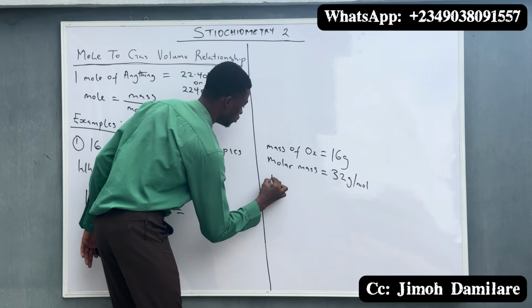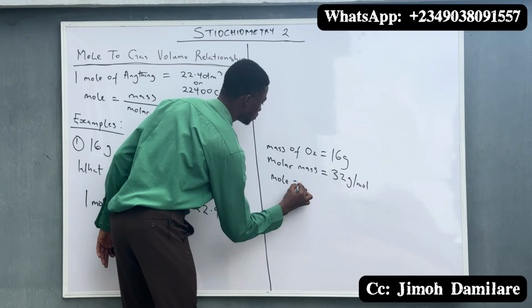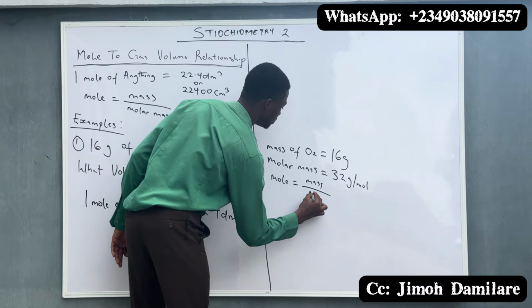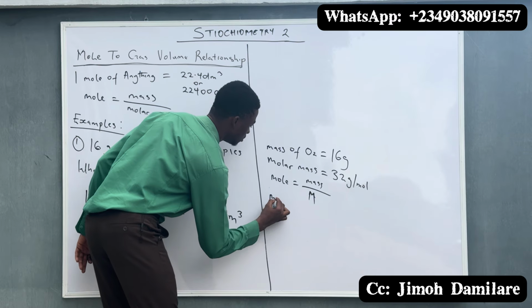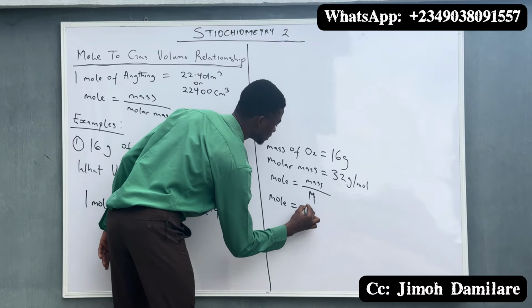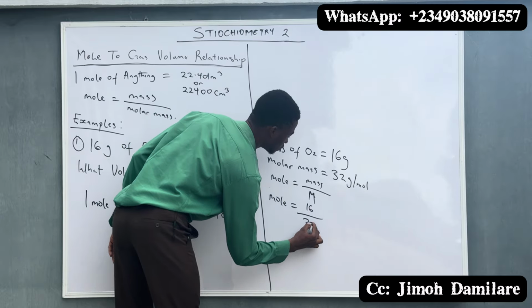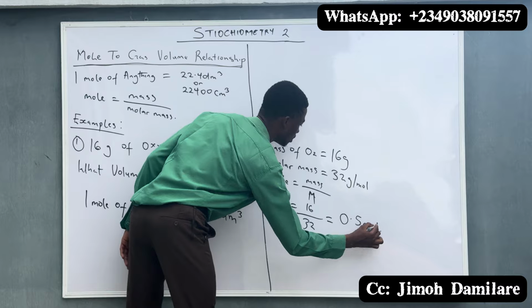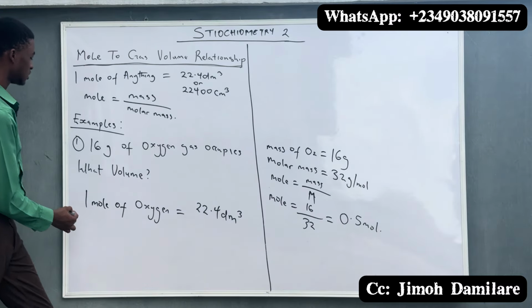So in order to get the mole, we know that mole is equal to mass over the molar mass. So let me just use big M here. So the mole will now be, what is our mass? 16 over 32, which is equal to 0.5 mole. So we can now put back 0.5 mole here.